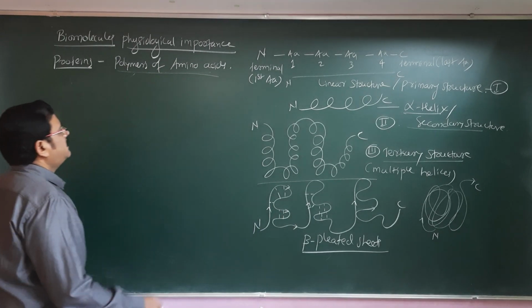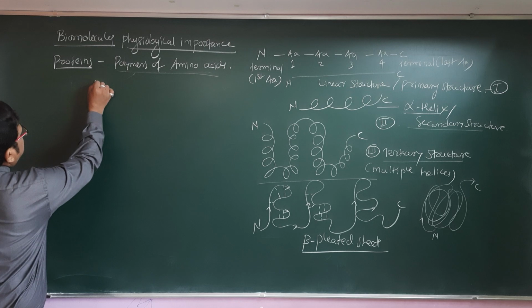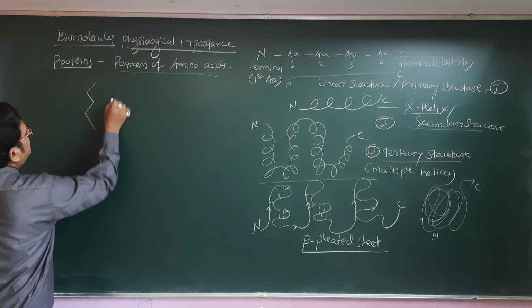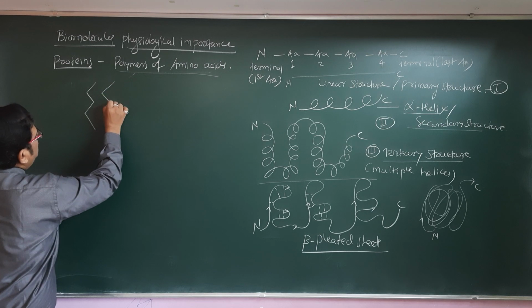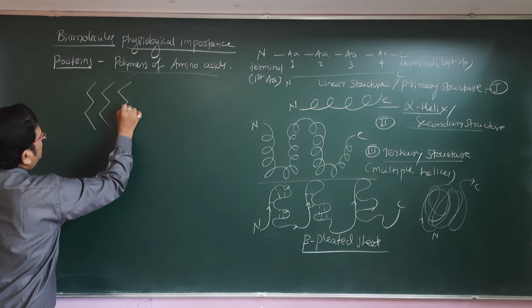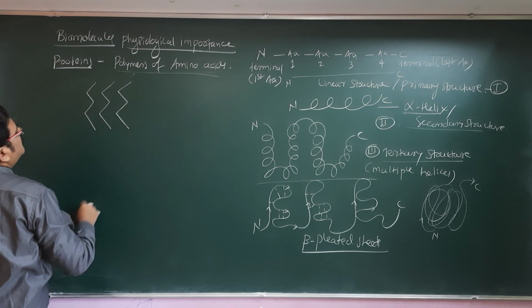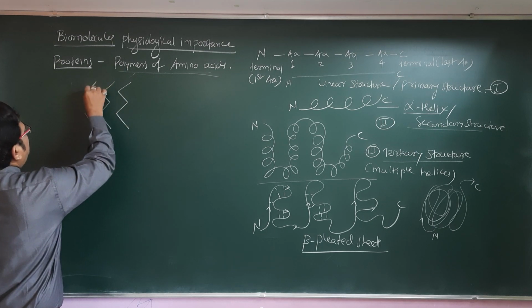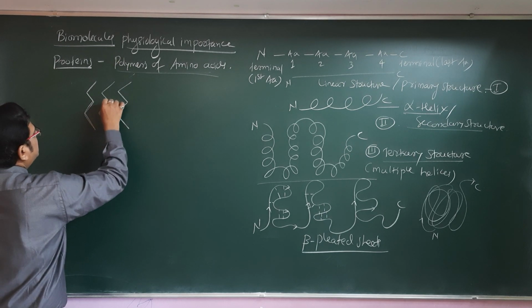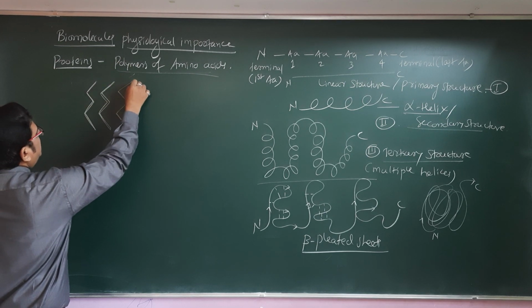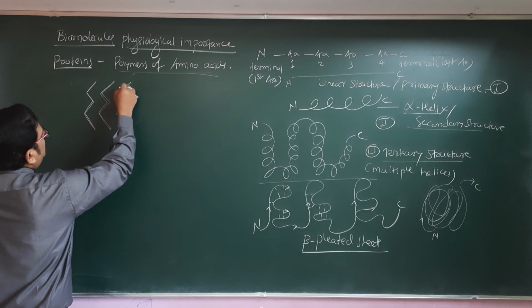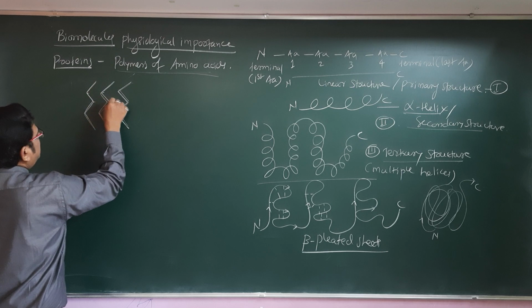So imagine this is a polypeptide chain. What you are observing is a number of amino acids. Amino acids are here, here and here, everywhere.